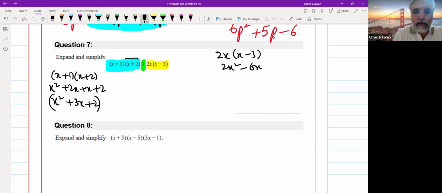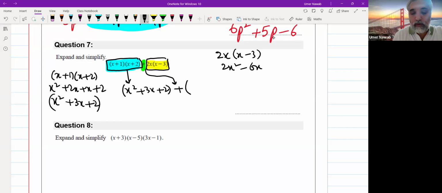Now, let us write, what is this equal to? This is equal to x squared plus 3x plus 2. Then there is a plus sign. What is the answer of this? The answer of this, please keep the brackets on. Although I know outside the bracket there is a plus sign, there will be no problem happening.